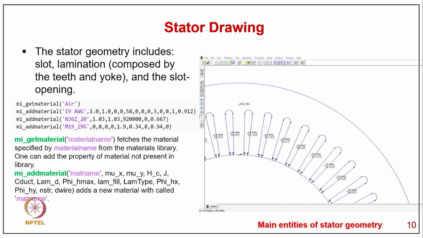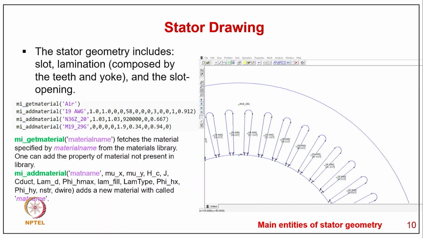Here you can see mi_getmaterial to get a material from the library, mi_addmaterial for 19 AWG with the parameters, and mi_addmaterial N36Z20 with different nodes, and mi_addmaterial M19_29G with again the properties. The mi_getmaterial with the material name fetches the specified material from the material library.